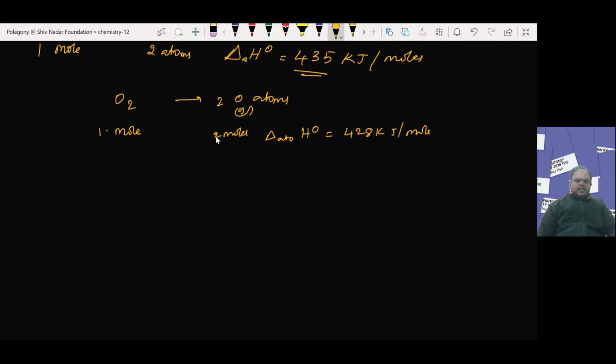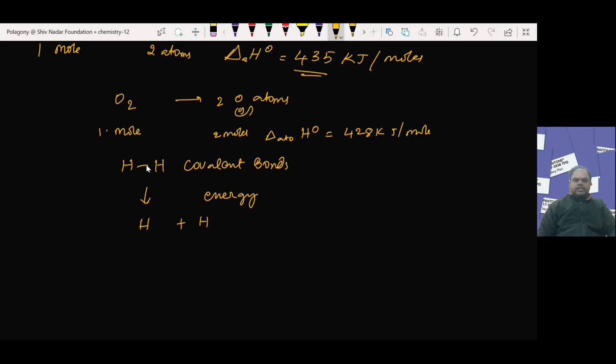Between the oxygen atoms and between the hydrogen atoms, covalent bonds are present. In the molecular form, if you want to make free atoms, you have to break these bonds, so energy is required, because between the two atoms there are interatomic forces.